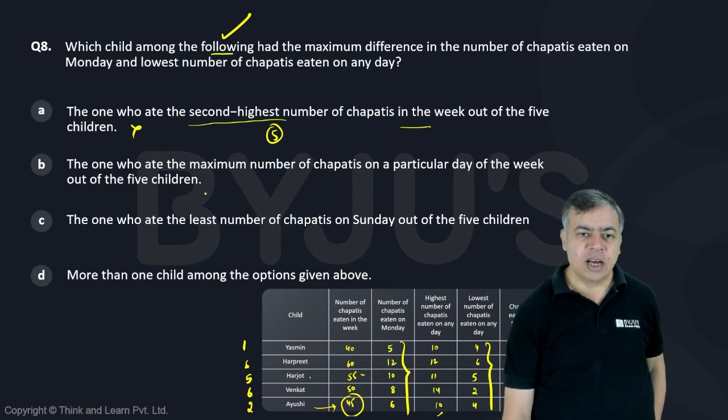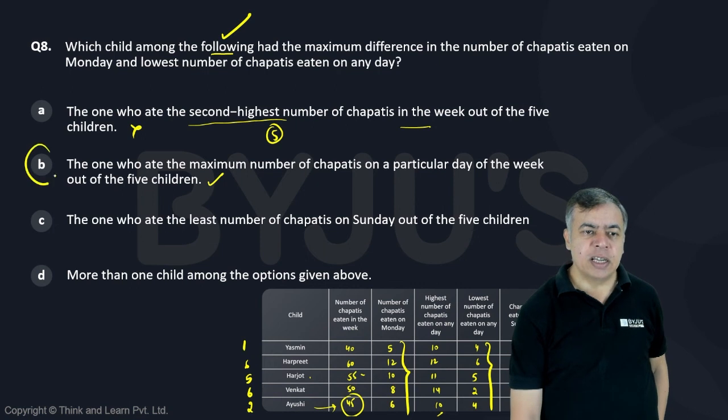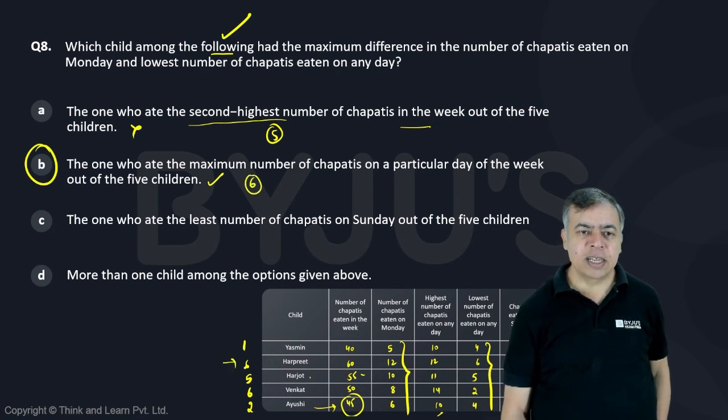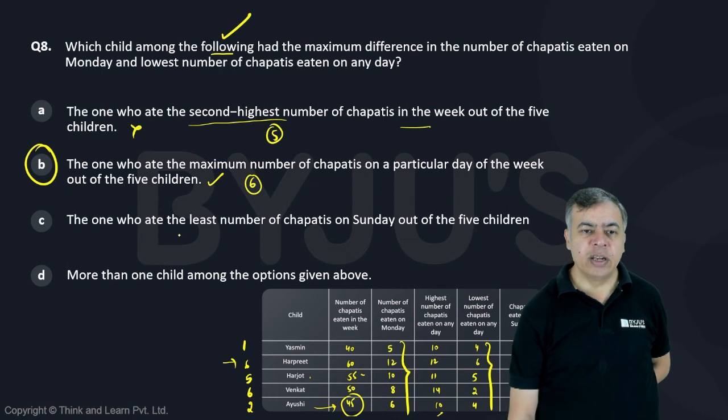Yes, Harpreet is that because it has got 6. 6 is the maximum difference. The one who ate the least number of chapatis on Sunday is Ayushi. The difference is only 2, so it cannot be the answer.